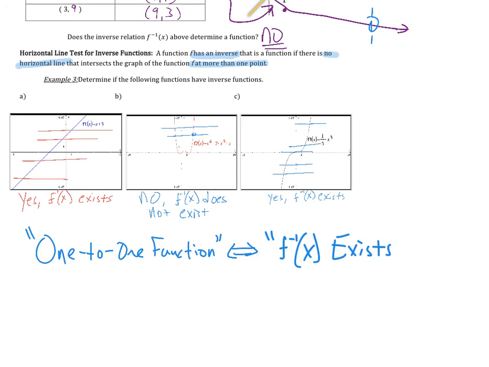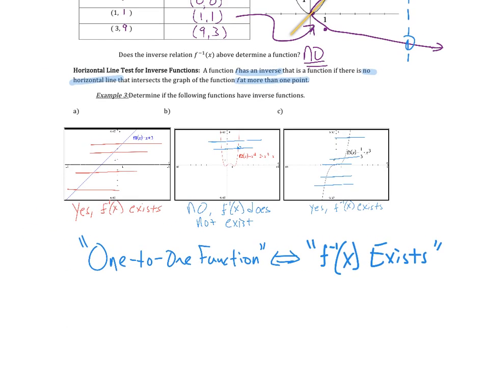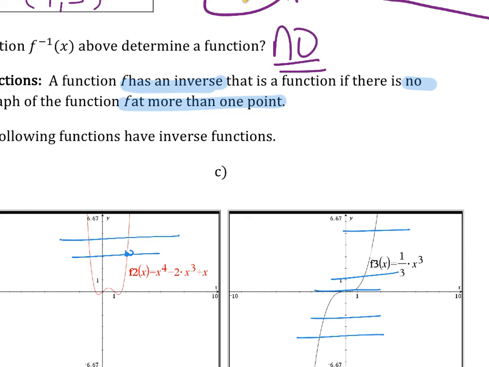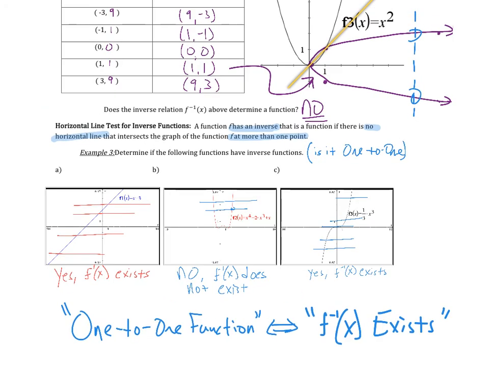So here we phrase this question as determine if it has an inverse. We could ask the same question and get the same answers. We say determine if it's one-to-one. Is it one-to-one? Same thing. Checking to see if it's one-to-one means checking to see if it has an inverse. Those tell us the same thing.